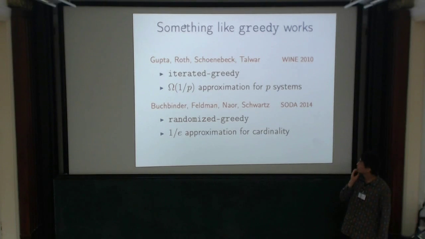So for example, there's an iterated greedy algorithm. It runs greedy once, and it runs greedy on the leftover elements, and even does some post-processing work on the first solution. And it pulls out a constant factor loss. Okay, and it's deterministic, just the ratios are much worse. And then more recently, there's a randomized greedy algorithm, which looks a lot like greedy, but injects some randomization. Okay, and that gets a 1/e approximation ratio. You work a little harder, it gets a little better.